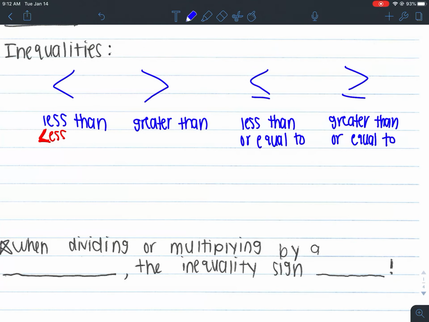Now, when we graph inequalities, there's two things we have to talk about. Is it going to be a solid line or a dotted line? Normally with equations, we just draw a line through all of our points and then we're done. But with inequalities, we have to decide whether we need a solid line or a dotted line. For the first two inequalities, we would have a dotted line, because there's no equal to here, so it's not contained in that.